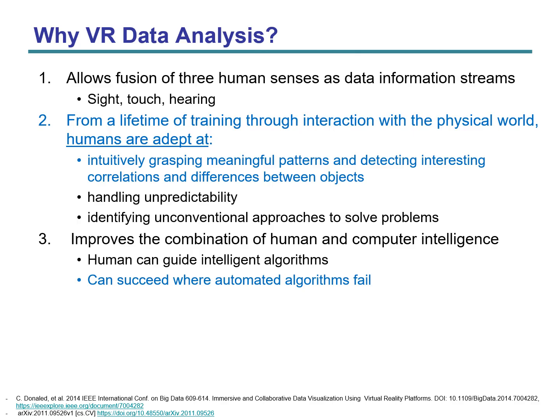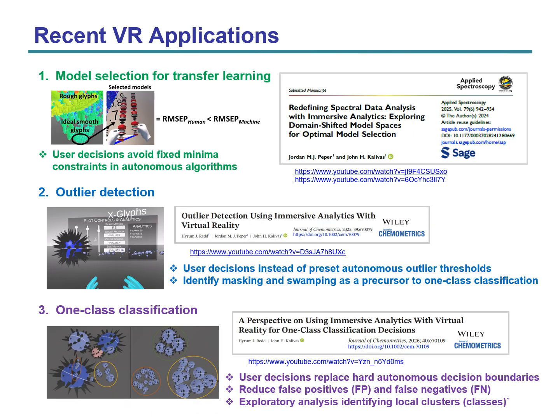And we have shown that in our other examples where we succeed where automated algorithms fail. Like in our first example that we did was model selection. And so we were able to select better models to predict our analyte than machine learning algorithms could select.